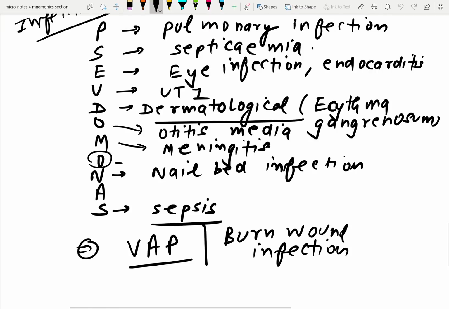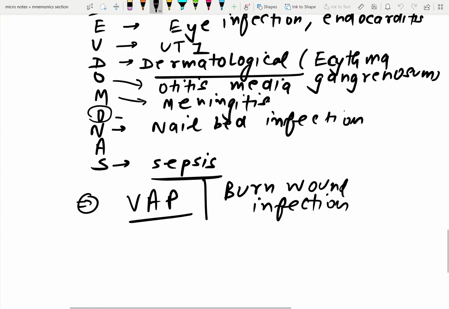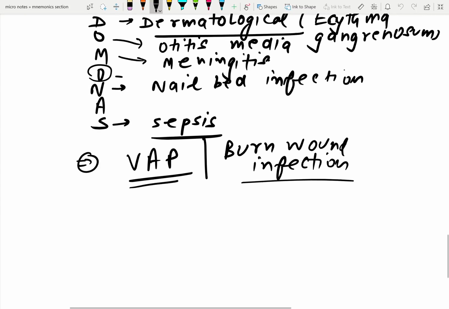So remember this regarding Pseudomonas: it is associated with ventilator associated pneumonia and burn wound infections. Regarding anti-pseudomonal drugs, remember vancomycin is not an anti-pseudomonal drug. That is a favorite question of examiners, and you need to remember the full list of anti-pseudomonal drugs.